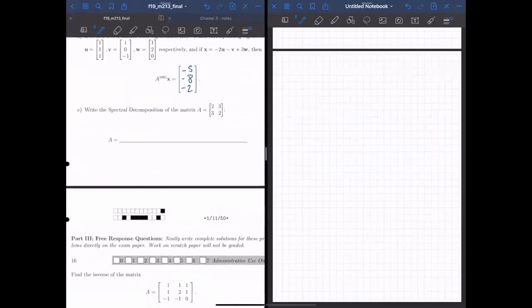So let's write down the spectral decomposition of this matrix. Remember that the spectral decomposition is where you take a matrix and find unit eigenvectors, and then you build up this thing here. So it's kind of like the outer product form of the singular value decomposition.